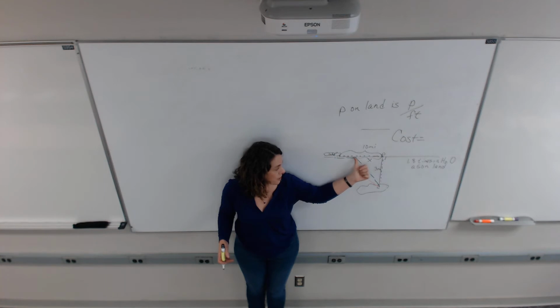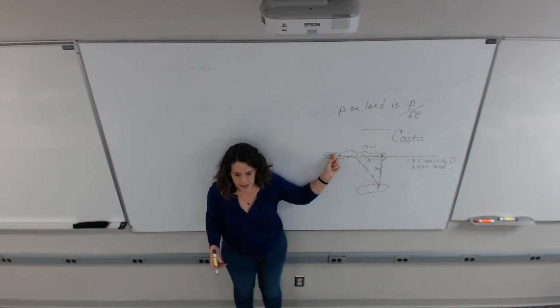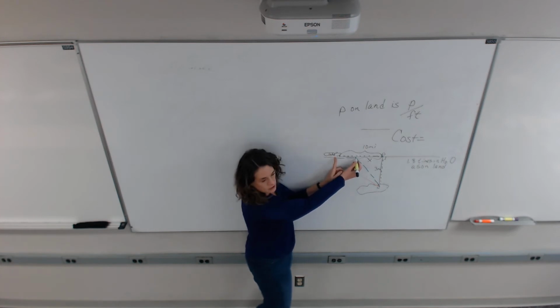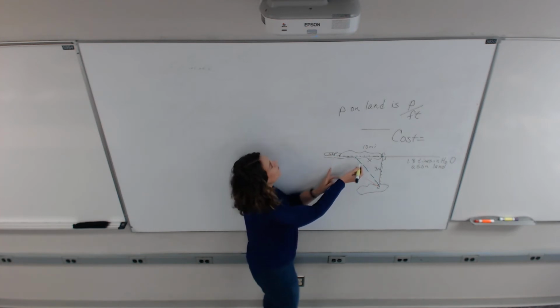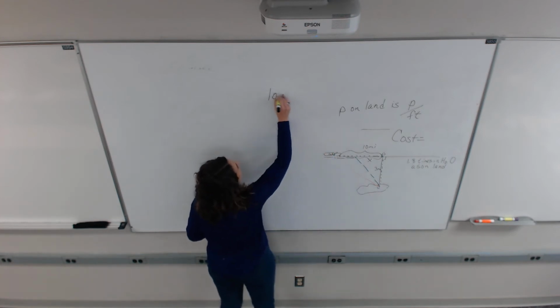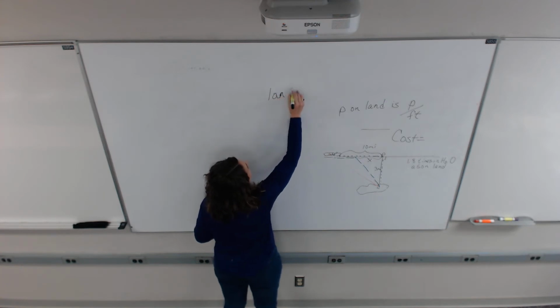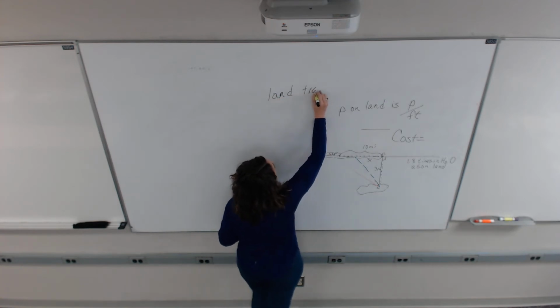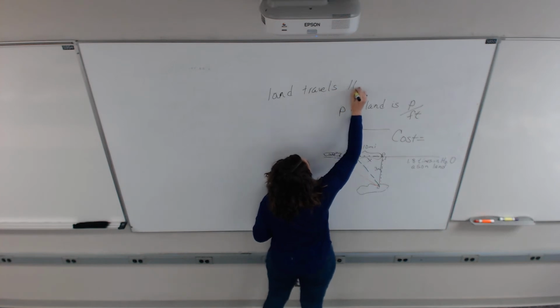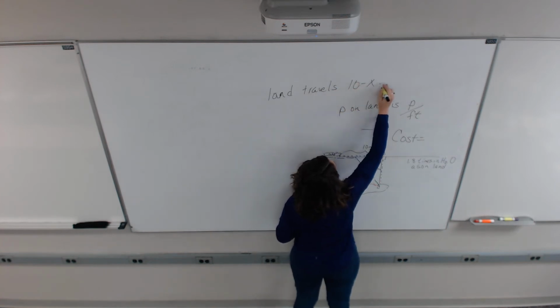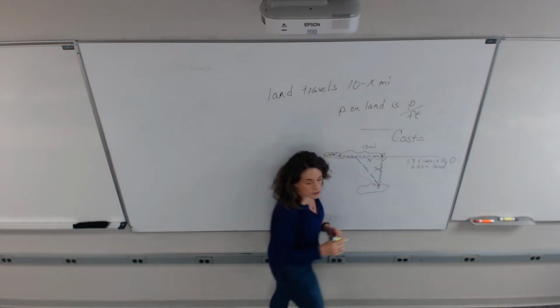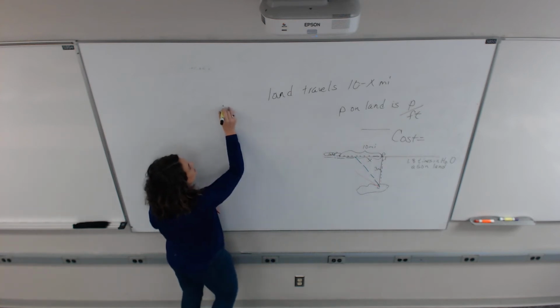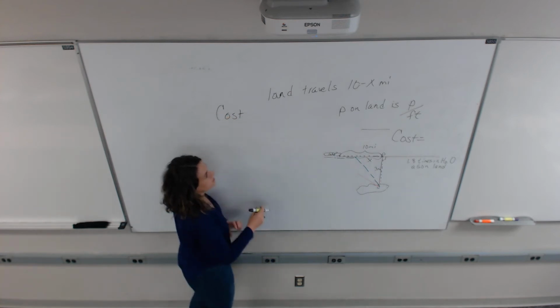From P to where it hits the shoreline, that's X, but from P to the lake is 10 miles. How long is that little section then? 10 minus X. So on land, it travels 10 minus X miles.